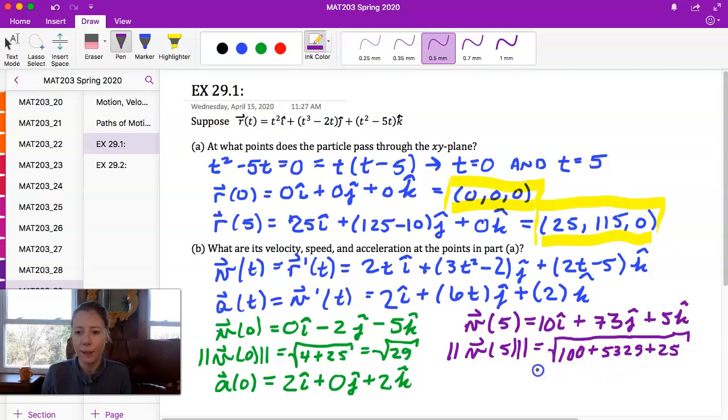This gives us about 73.85. And then lastly, the acceleration at time 5 is 2 i hat plus 30 j hat plus 2 k hat.